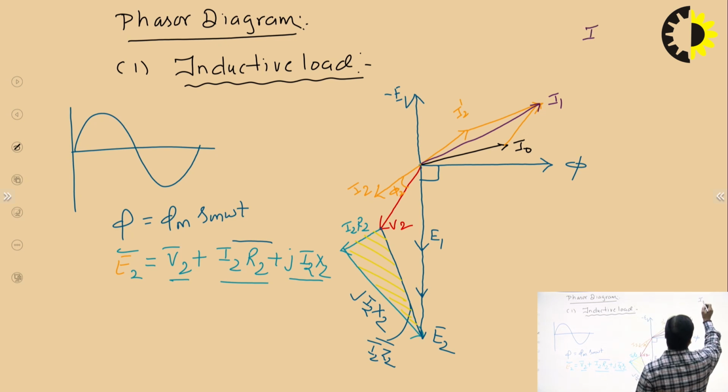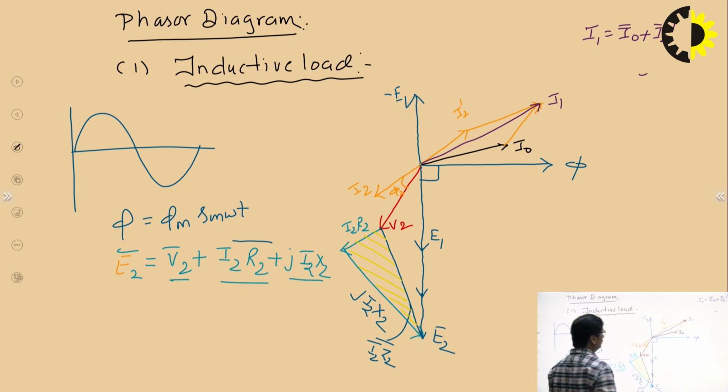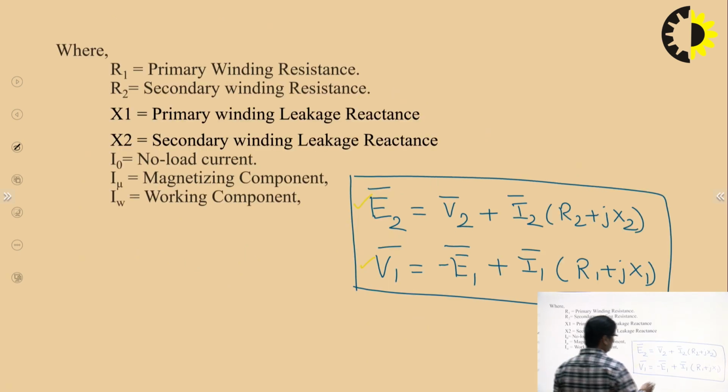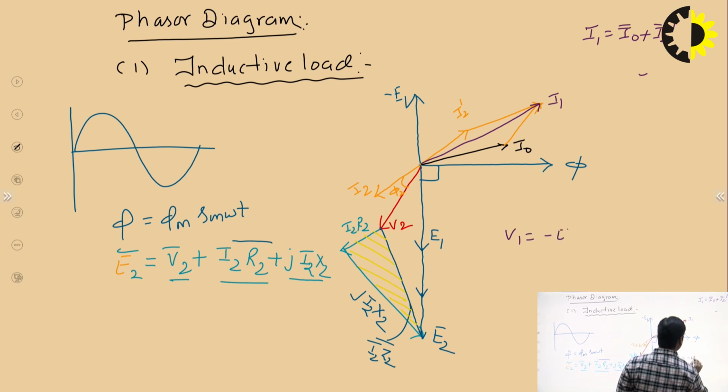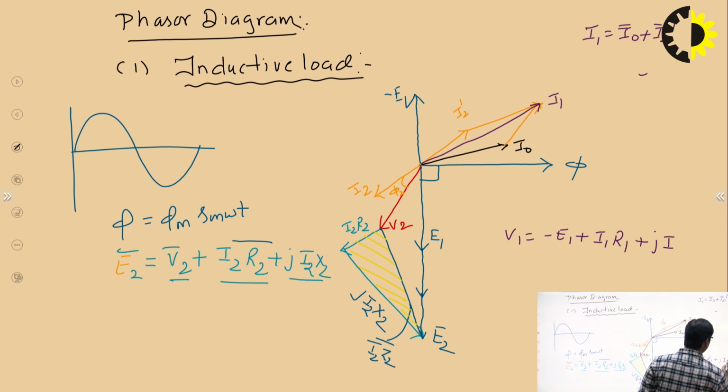You can write I1 is equal to I0 plus I2 dash. Now we can calculate the drops. V1 is equal to minus E1 plus I1 R1 plus j I1 X1.